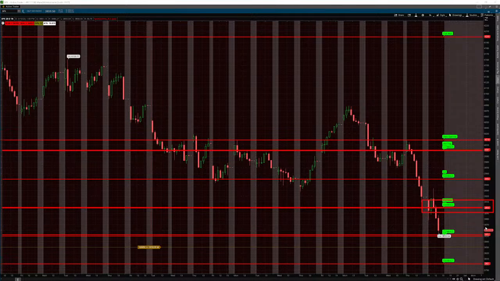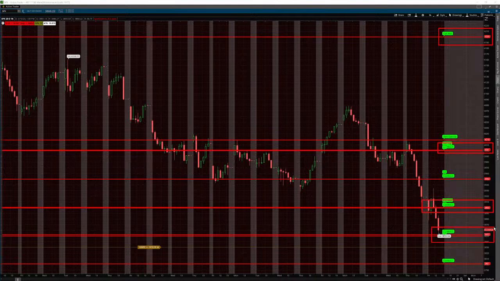So that's the SPX put wall at 3,900. Here is the key gamma strike or absolute gamma strike at 4,000, and the volatility trigger also at 4,000. And then the call wall remains up here at 4,200. And you can see clearly that SPX has broken down below the put wall. And normally that level can be expected to act as support.